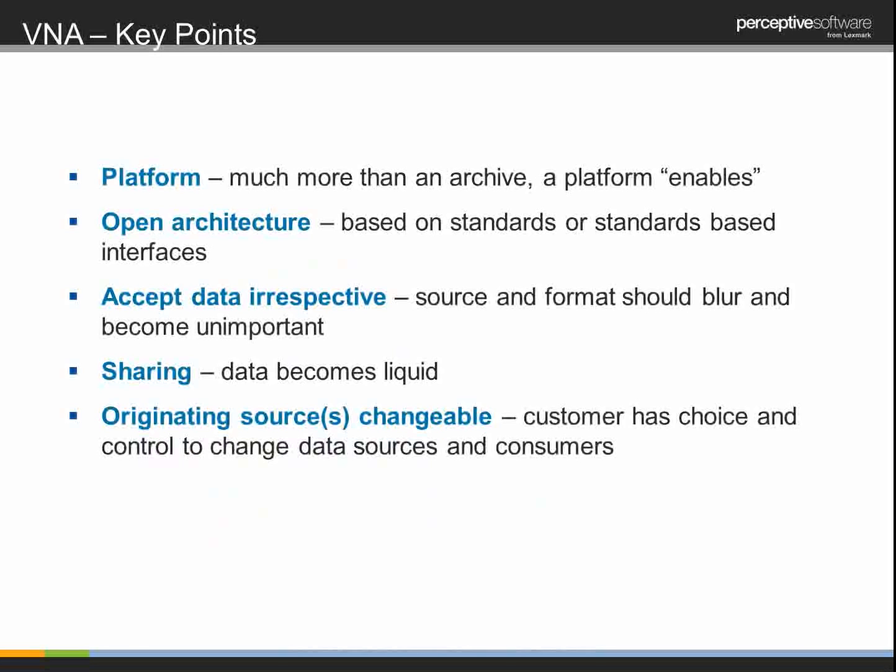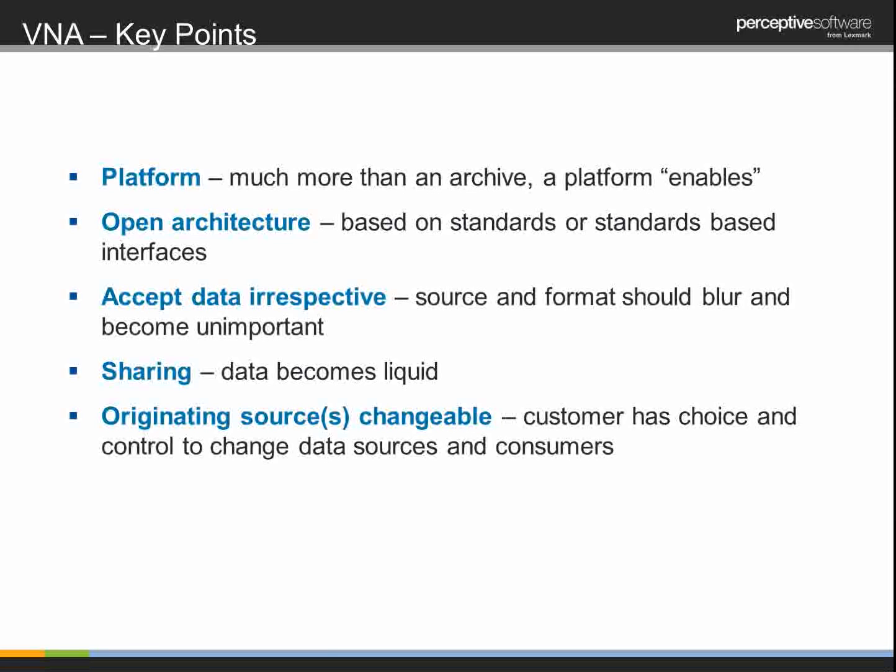Must be built on an open architecture based on standards with standards-based interfaces, things like DICOM, HL7, XDS. It should really allow the blurriness between where the data is arriving, be it the source or the format of the data. DICOM imaging, perhaps some non-DICOM imaging JPEGs, perhaps a PDF-based report or a text-based report.